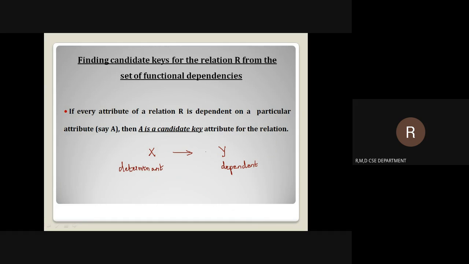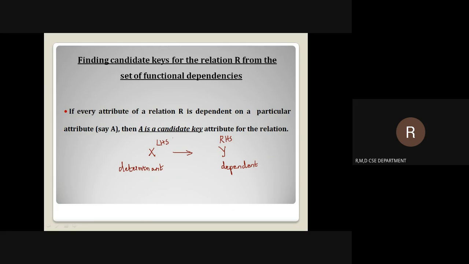So, in that logic, we need to identify the attribute that is not present in the dependent side, that is, the right hand side of the functional dependency. That attribute will be a part of the candidate key.